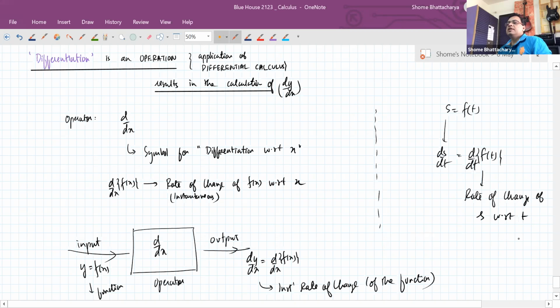But in the standard notation we use y and x as the symbols. So y is the dependent variable, which is a function of the independent variable x, and if we operate the differentiation operator on that function, it will give me a formula for the instantaneous rate of change.